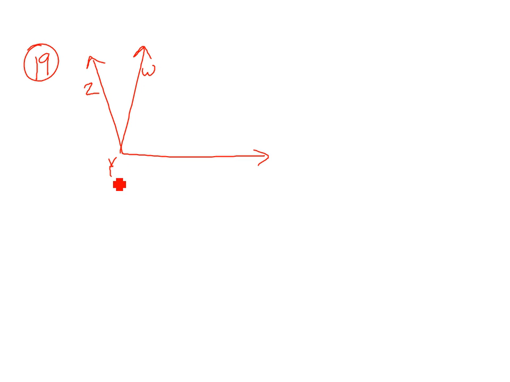Number 19. They give us a picture. It looks like this: W, Z, Y, X. They tell us that angle XYZ, that's this whole angle, is 122 degrees.